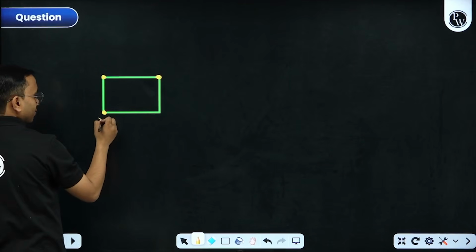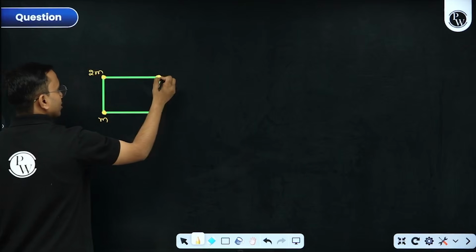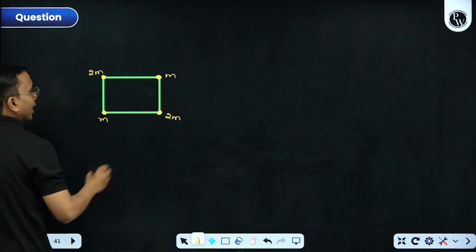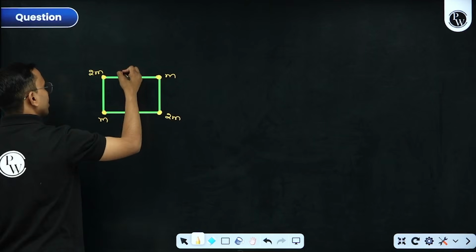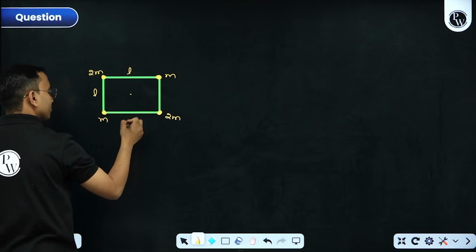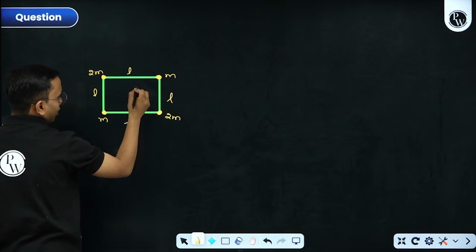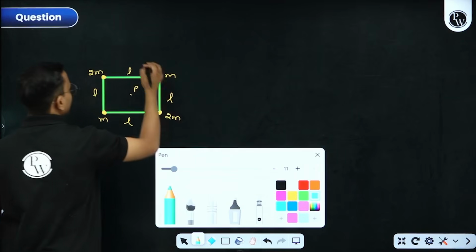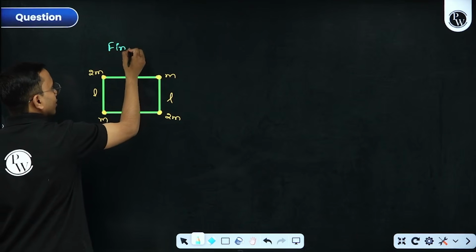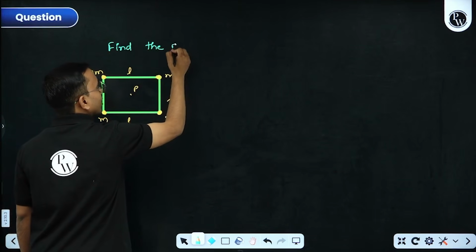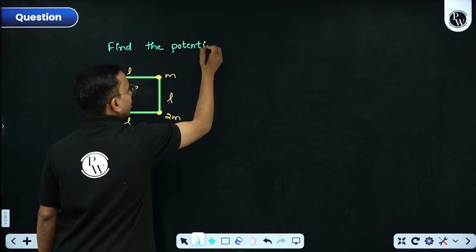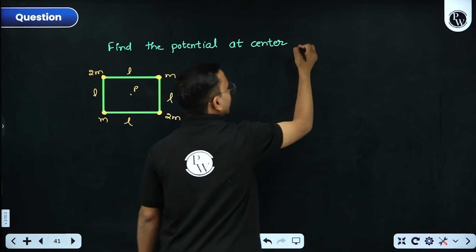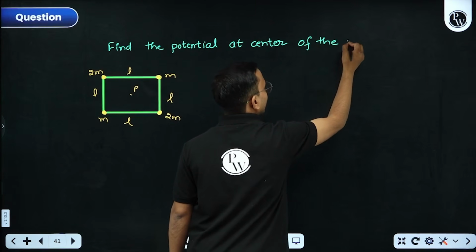Let us take this is mass m, this is mass 2m, this is mass m, and this is mass 2m, and this is the center of the square, and the square has side L. This is my point P, at the center of the square, and the question is: find the potential at P, the center of the square.